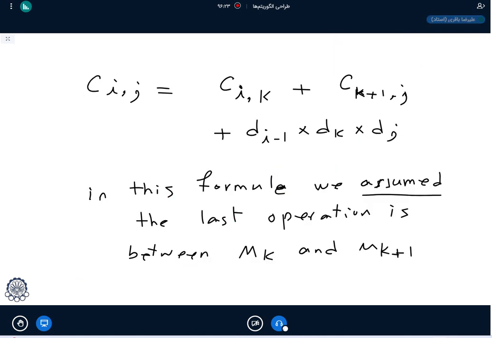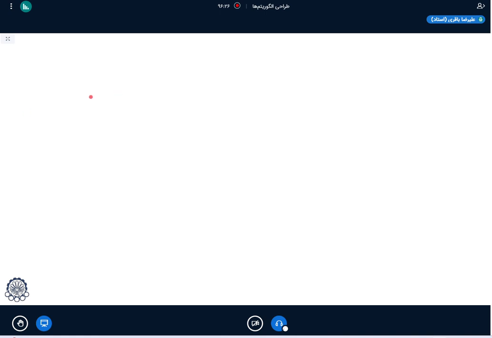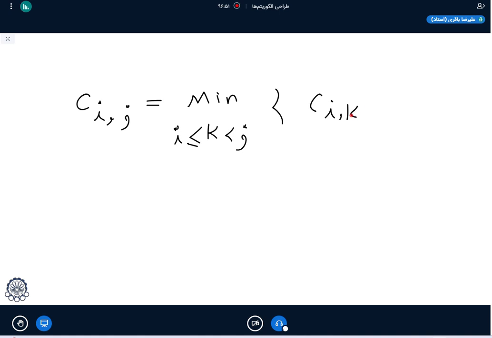So we can rewrite the formula as this: Cij is equal to the minimum, for any k between i and j, of Cik plus C_{k+1,j} plus d_{i-1} multiplied by d_k multiplied by d_j.